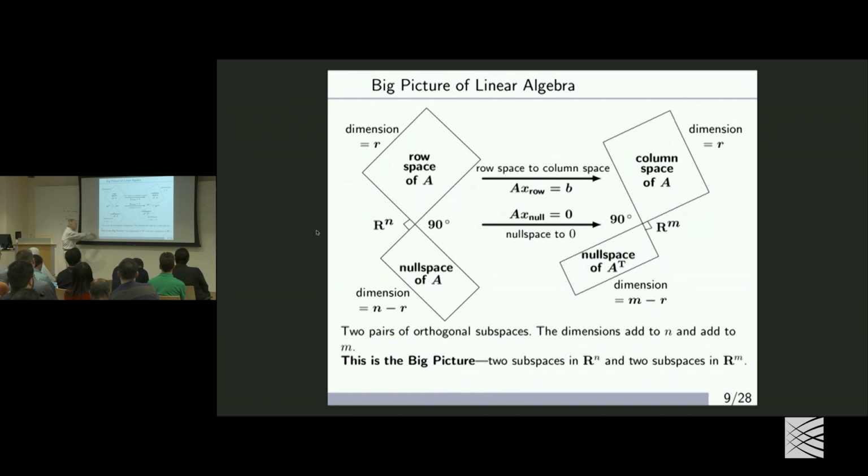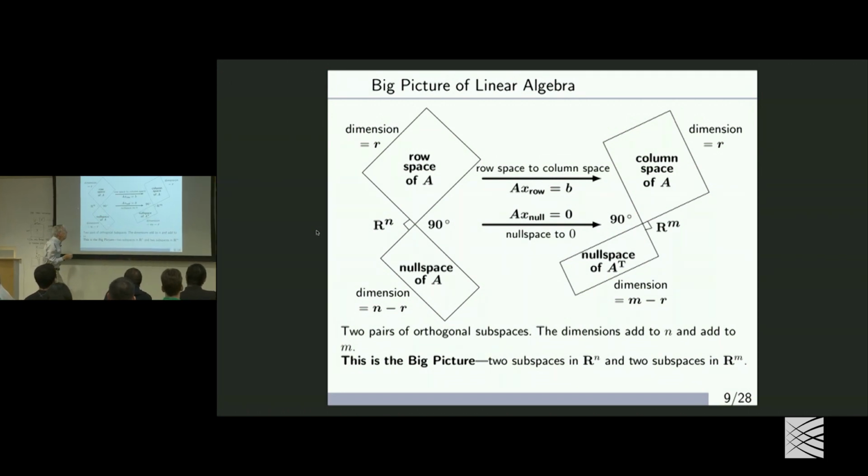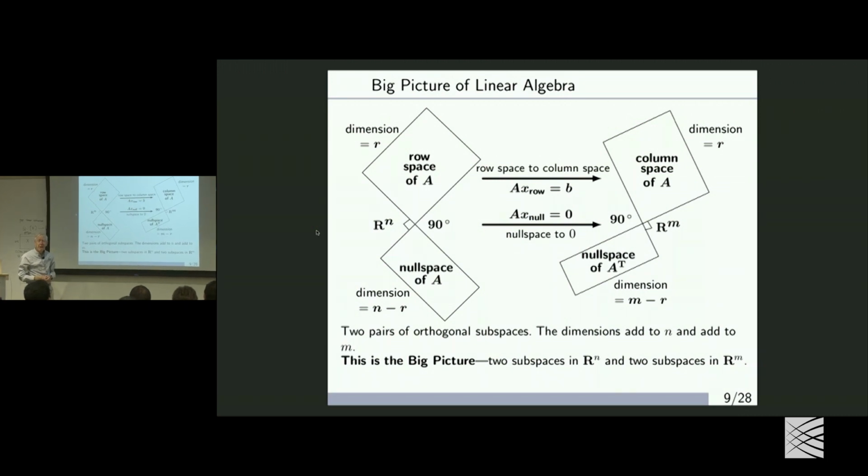So over here we have columns, over here we have rows. Oh, vice versa. Columns are over here, rows are over here. So what is the row space of the matrix? The row space of a matrix is all combinations of the rows. It was a plane in the 3 by 3 that we had. And then the null space is all solutions to Ax equals 0. And the point is that these two spaces combine to give the full n-dimensional space.